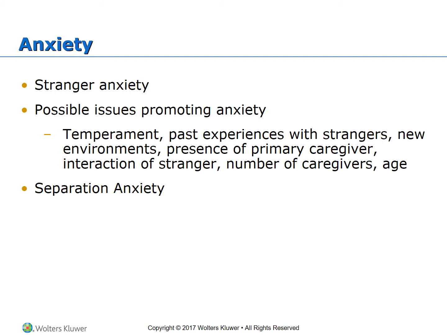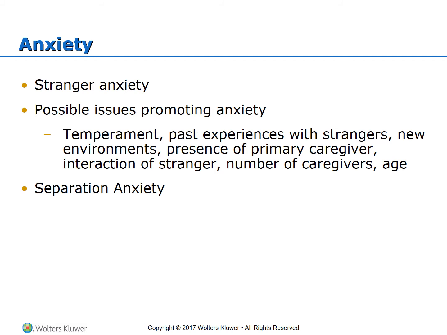Anxiety, stranger anxiety. Stranger anxiety is a form of distress related to survival instincts that occur when children are exposed to individuals who are unfamiliar to them. Typically starts between the age of 7 to 9 months. Possible issues promoting anxiety could be their temperament.